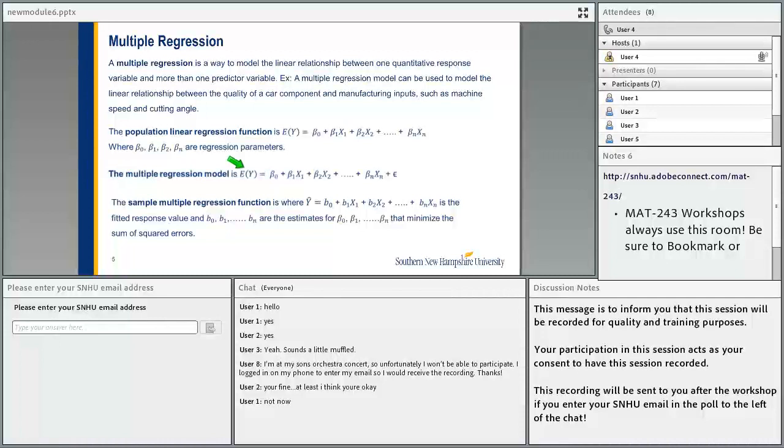The multiple regression model is going to be E of y equals beta 0 plus beta 1 x1 plus beta 2 x2 up to beta n xn plus your regression error, which is your epsilon.